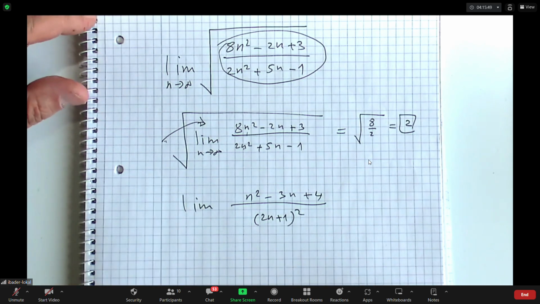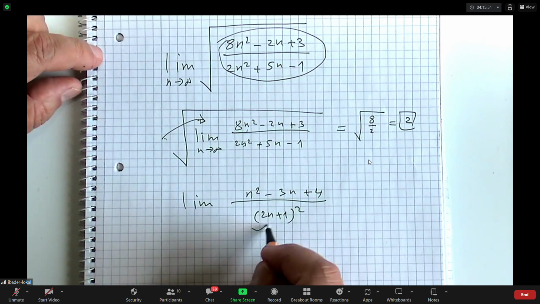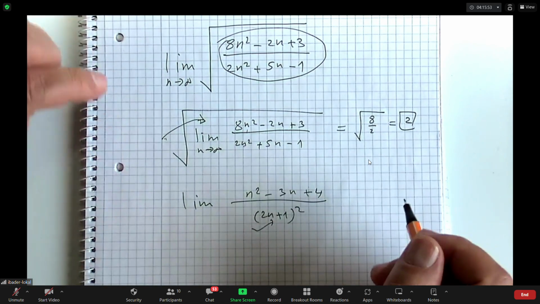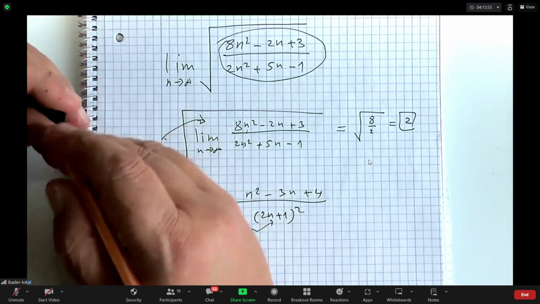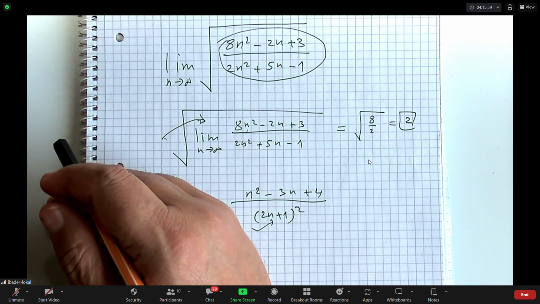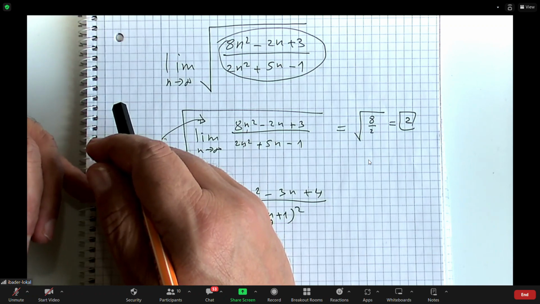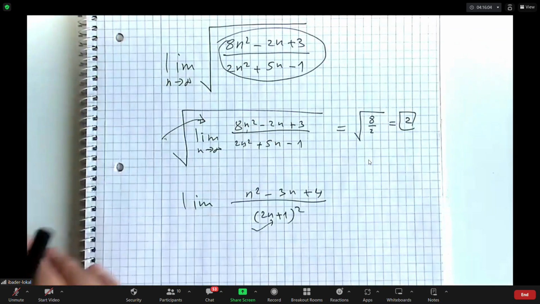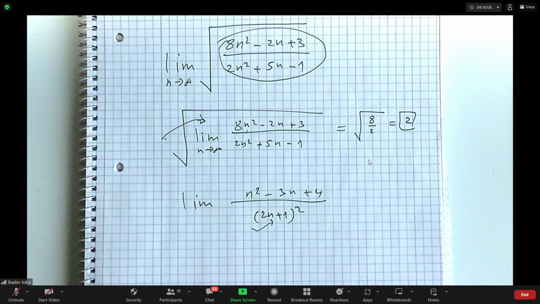Then you need to expand this one and then apply the rule. You know, in mathematics, I teach you how to get from A to B, and sometimes you need to make up your mind how to get to A, where you know how to proceed from there. That's why it's called analytical principles, okay?